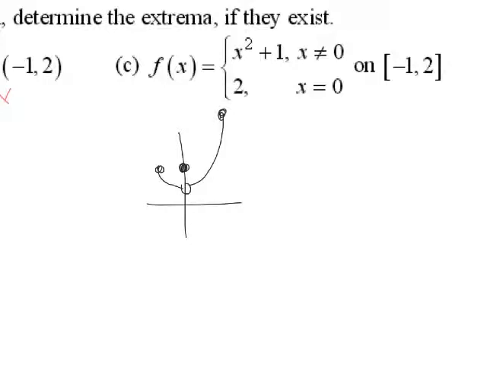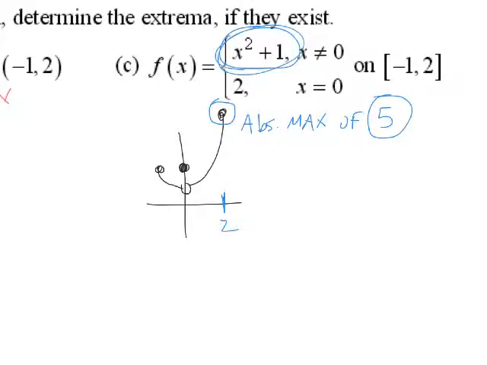And we do have a maximum. So again, our absolute max is here. So our absolute max of 5. And again, if you don't know how to find that value 5, it's occurring at f of 2. So we can evaluate f of 2 and see that it's 5. So this is at x equals 2.